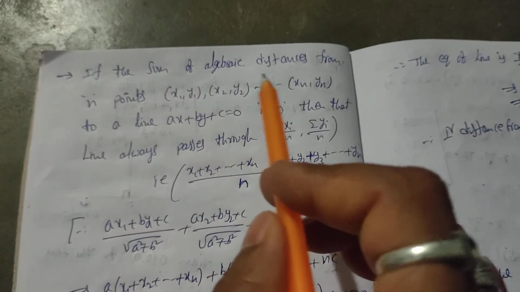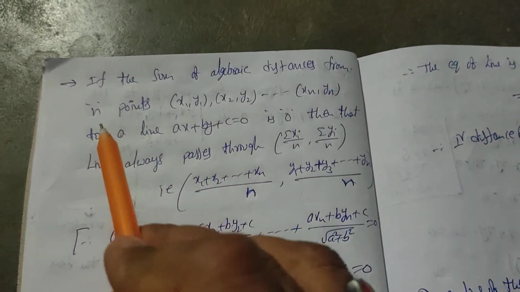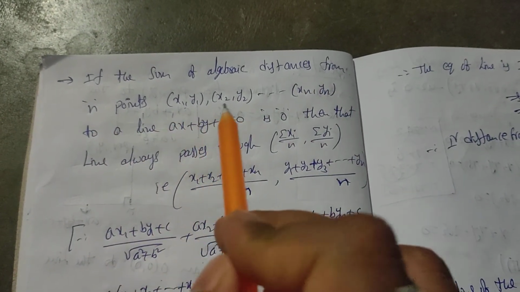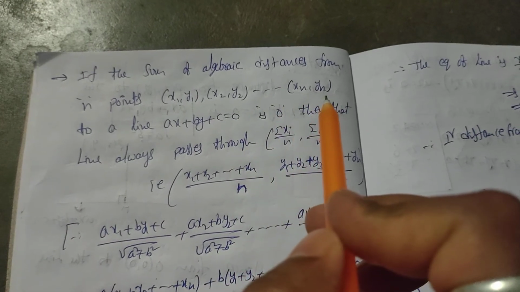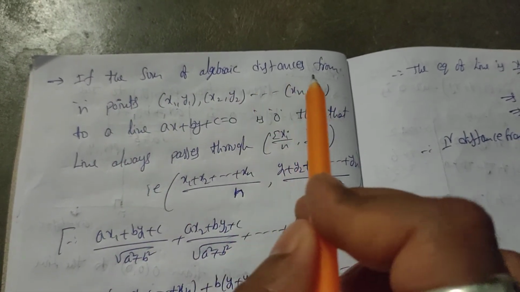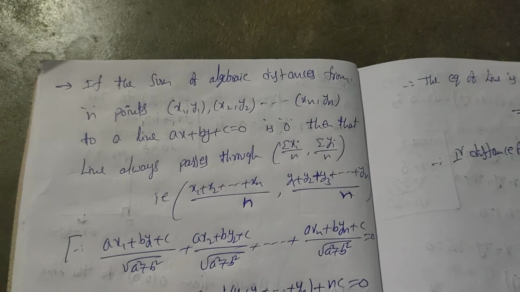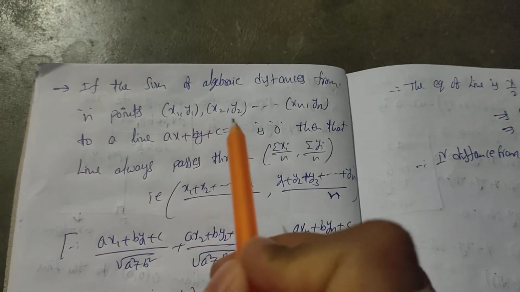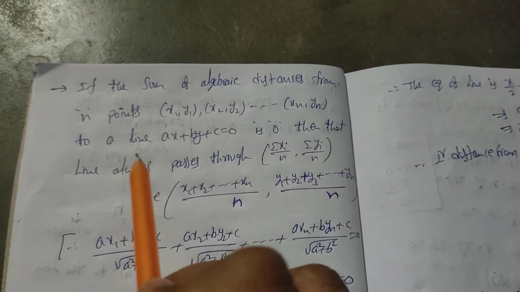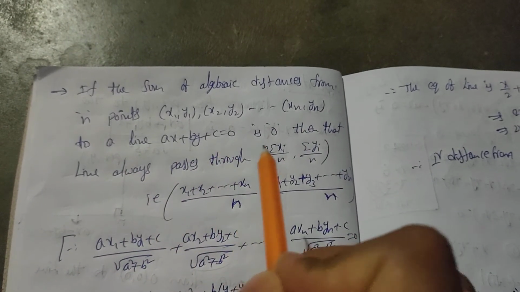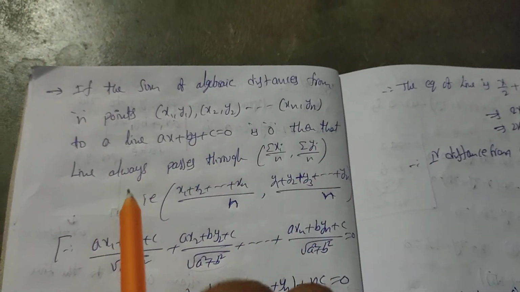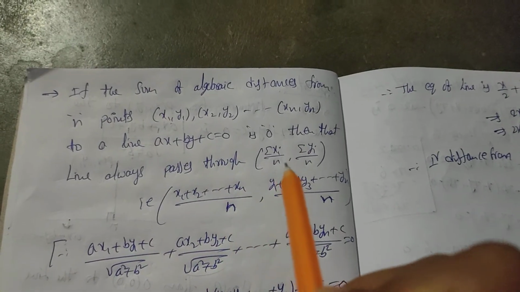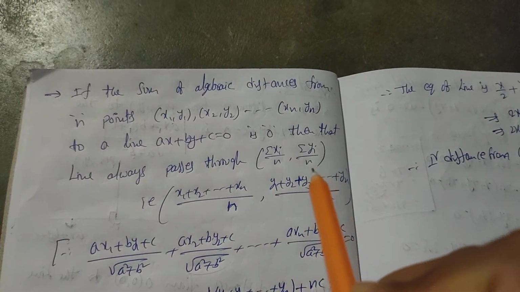Next one: if the sum of algebraic distances, meaning perpendicular distances, from n points x1, y1; x2, y2; and so on up to xn, yn to a line ax plus by plus c is equal to 0 is 0, then that line always passes through sigma xi by n comma sigma yi by n.